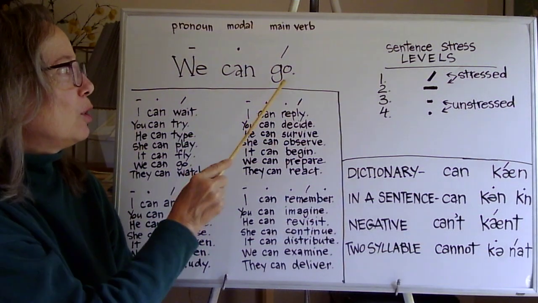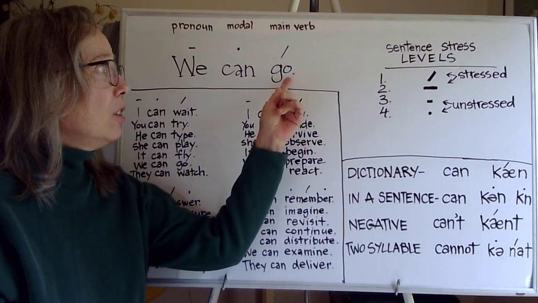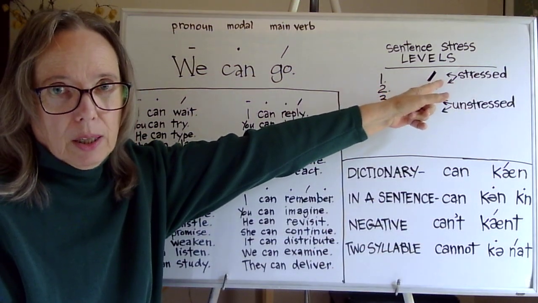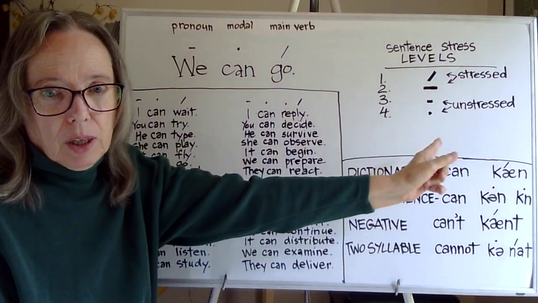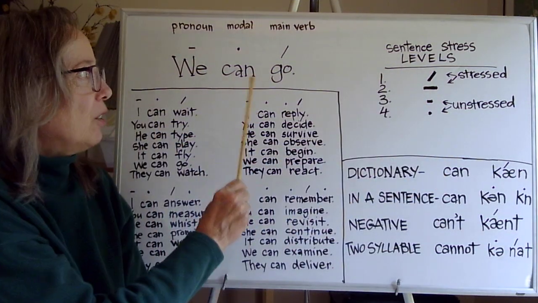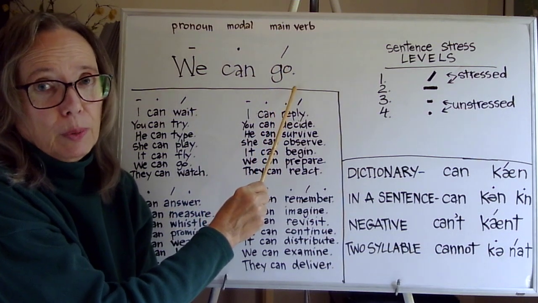So in this sentence, we only have one. So not only is go going to have this strong stress from the levels of stress, but it's going to have even a little more because it's the final stressed word, in fact, the only one.